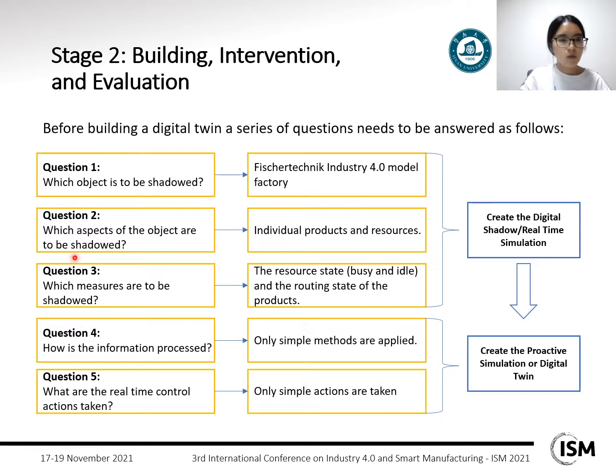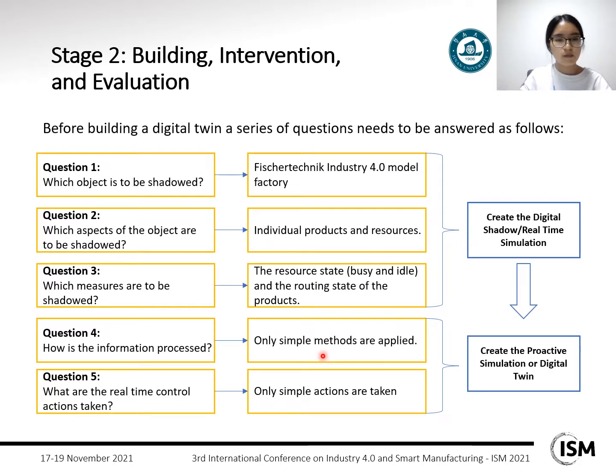And then, which aspects of the object are to be shadowed? Individual products and resources are to be shadowed in this study, and the measures to be shadowed are the resource state and the routing state of the products. Then, how to process the information we get, and what real-time control actions are taken in this research?